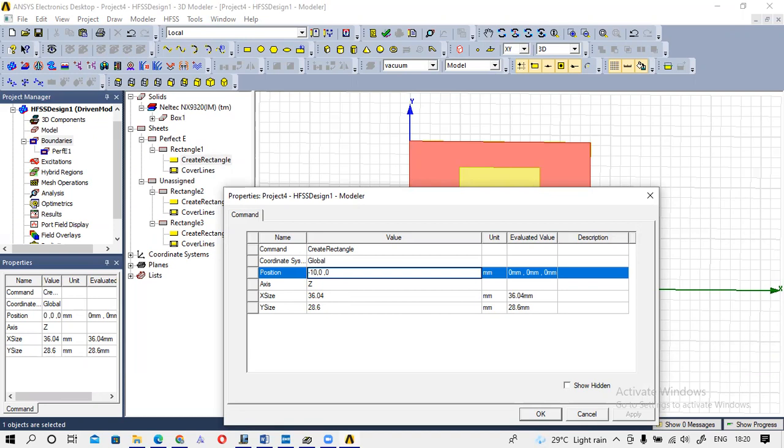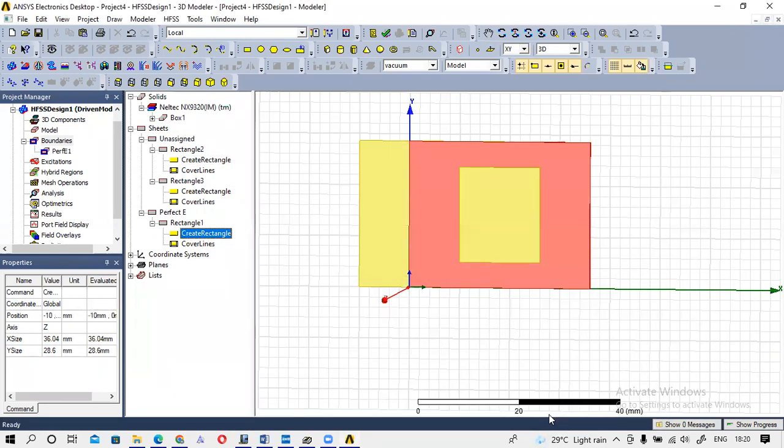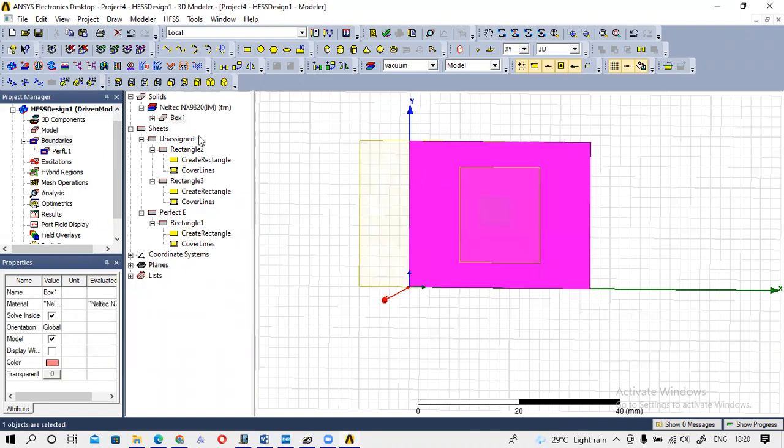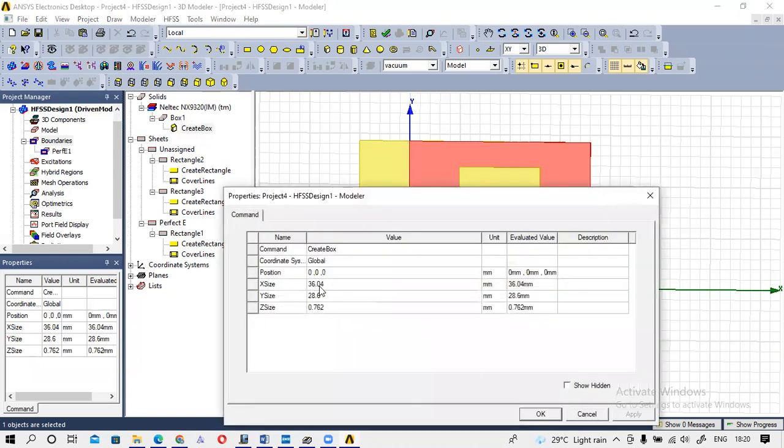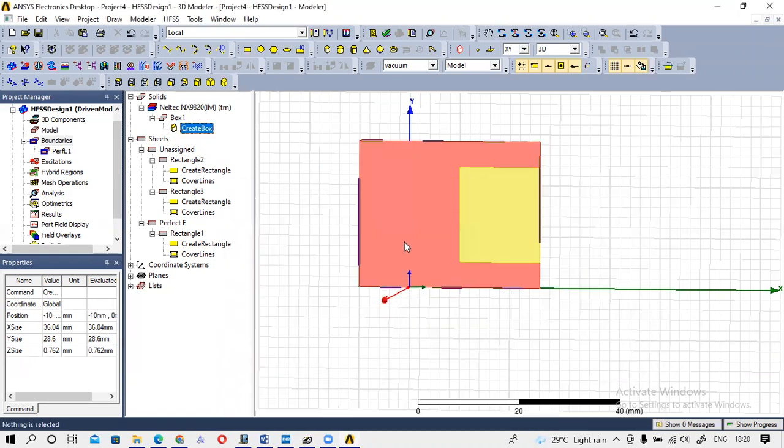You can see that the bottom copper plate, the ground plate, is shifted by 10 millimeter here, and I also shift this box 10 millimeter. If I move this box 10 millimeter to the minus side, that means minus 10 position, the position will be changed.